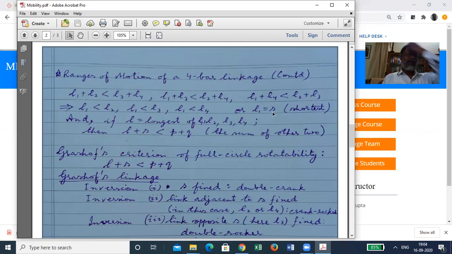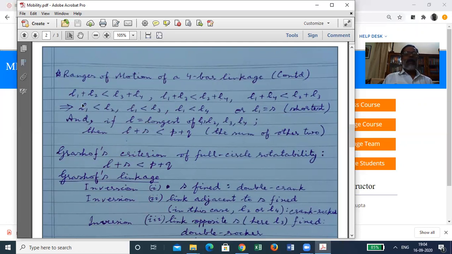Call it S. And if L is the longest of these four, which basically means now that longest of L2, L3, L4, if you denote by L the longest one, the way you denoted the shortest one by S, then this condition would require S plus longest is less than the sum of the other two.